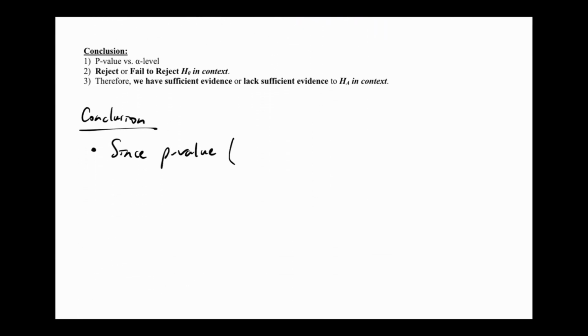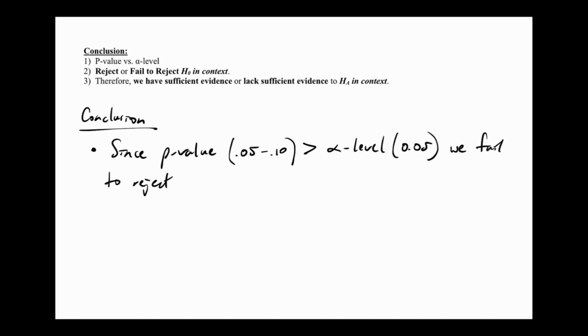Since p-value, we can just say 5 to 10%, is greater than alpha level, which is 5%. Since p-value is greater than alpha, we always fail to reject the null hypothesis. Okay. That takes care of 1 and 2.